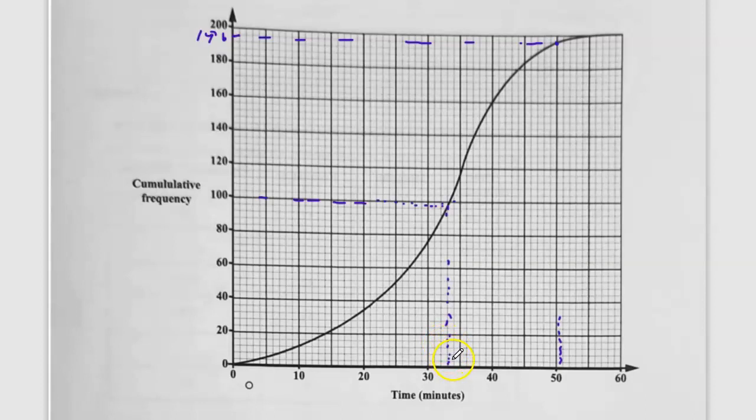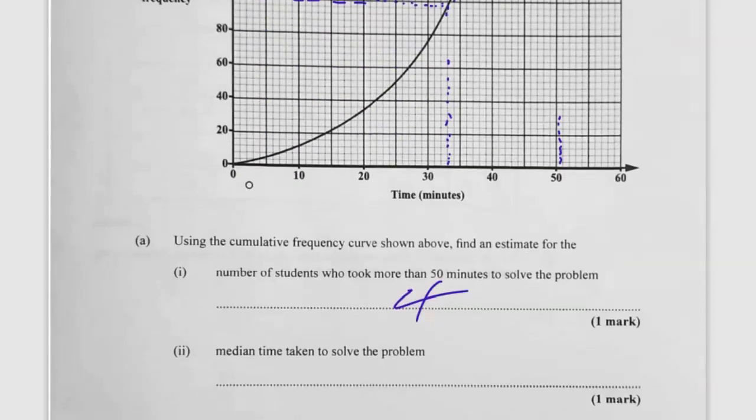Each thin line is worth 1, so that seems to be 34. Actually, this looks like 33. Based on my graph, it looks more like 33 minutes.